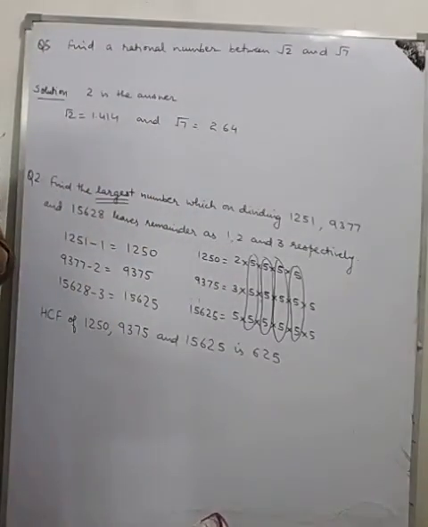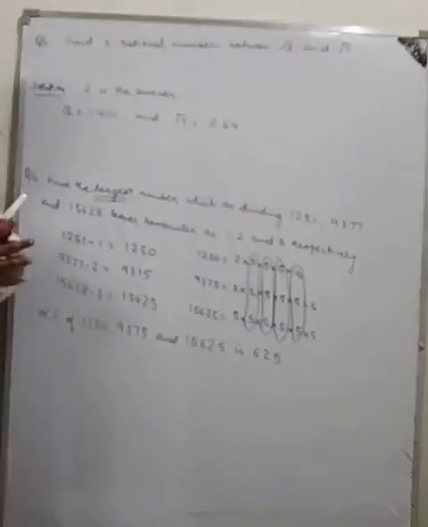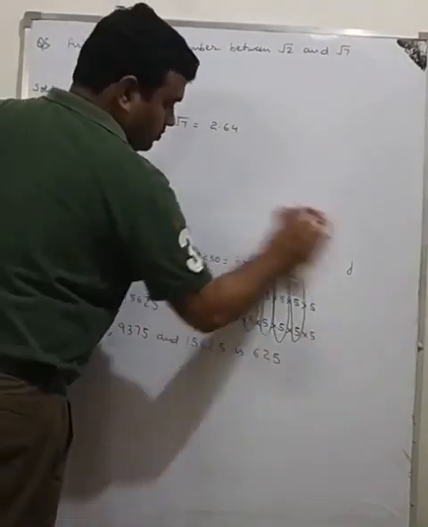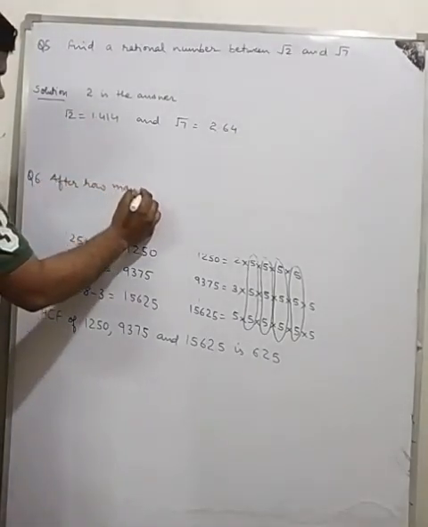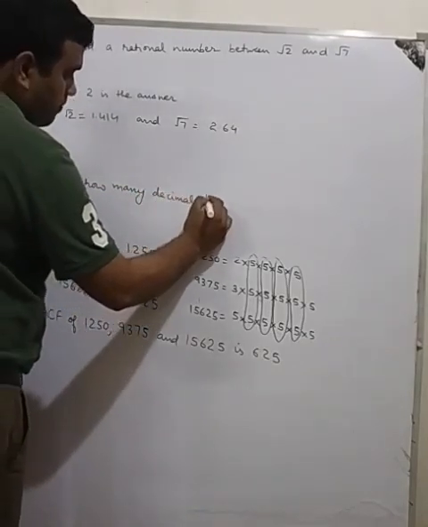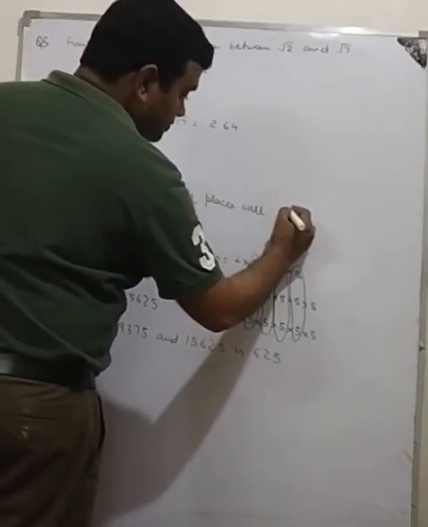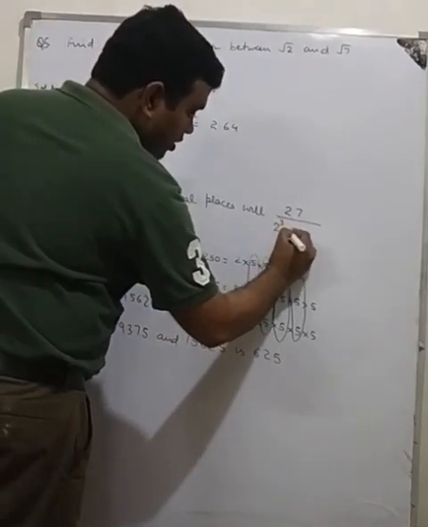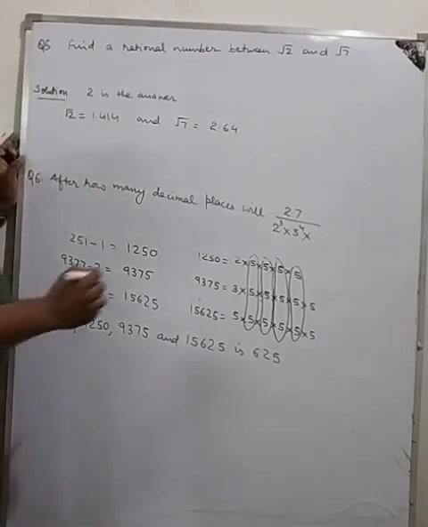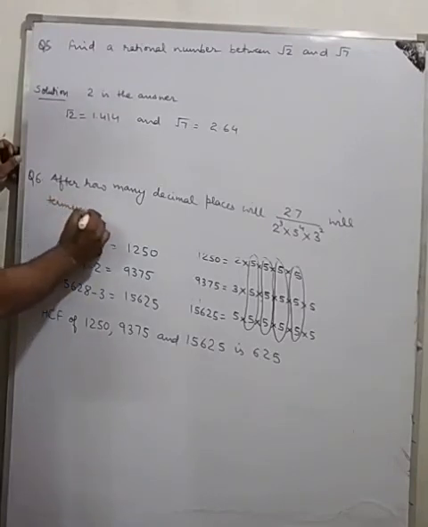So any number between root 2 and root 7, 2 is the answer, which is again a very short answer type question. Now the last question is, after how many decimal places will 27 upon 2 to the power 3, 5 to the power 4, 3 to the power 2 terminate?